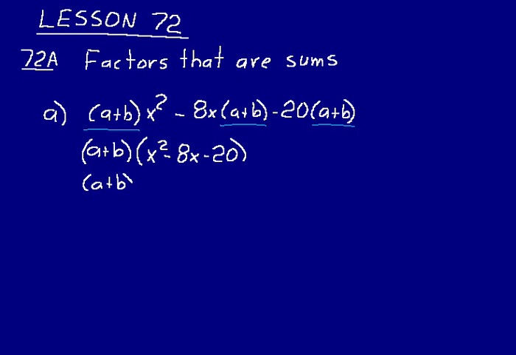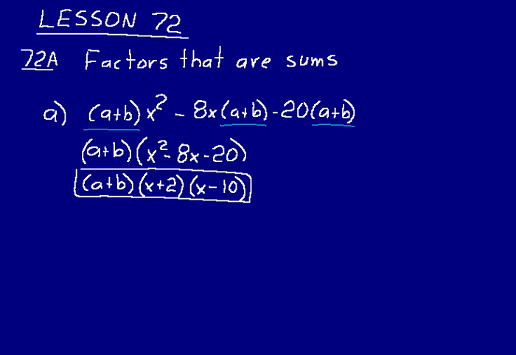We'll have a plus b, and then make two pairs of parentheses, x and x, and we need to think of what two factors of negative 20, if we added those together, would give us a negative 8. That would be a negative 10 and a positive 2. So we'll say plus 2, minus 10. And so there we've got it, our factored form of that expression.